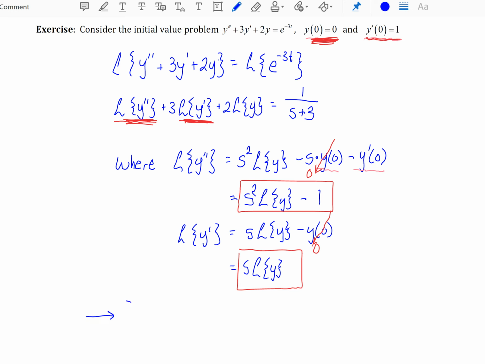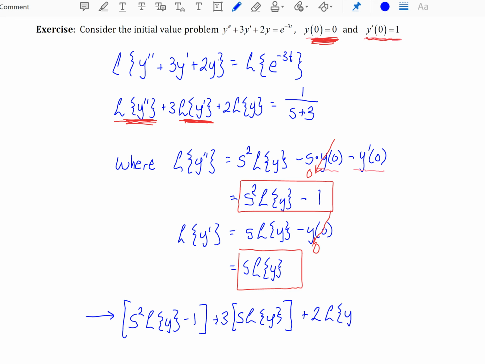So here we'll have s squared Laplace of y minus 1 plus 3 times s Laplace of y plus 2 times the Laplace of y, and this has to equal 1 over s plus 3.